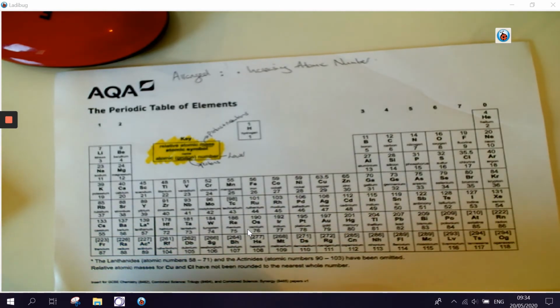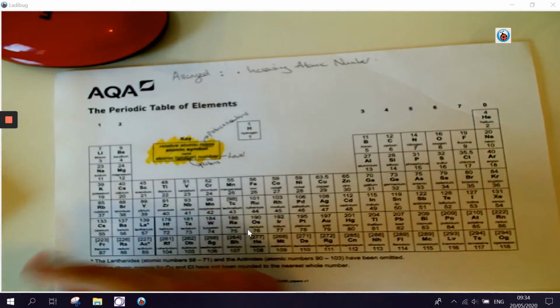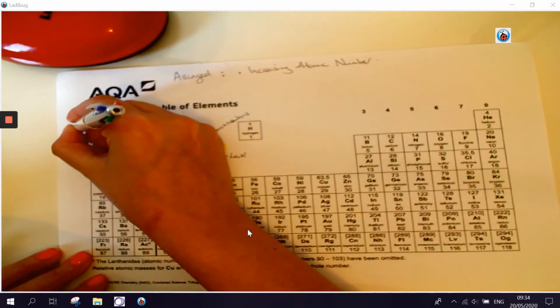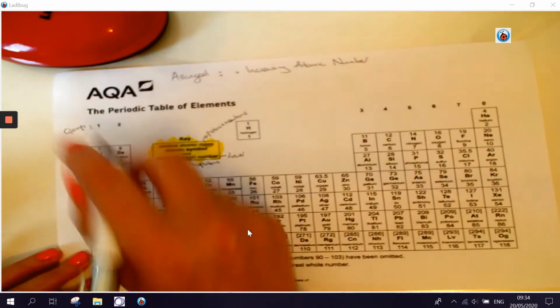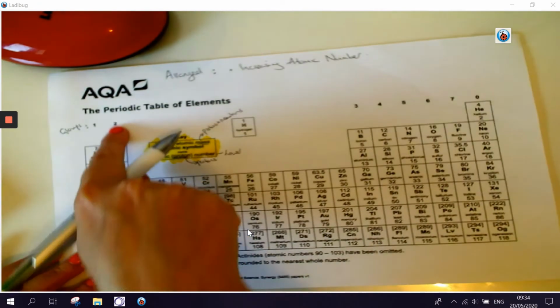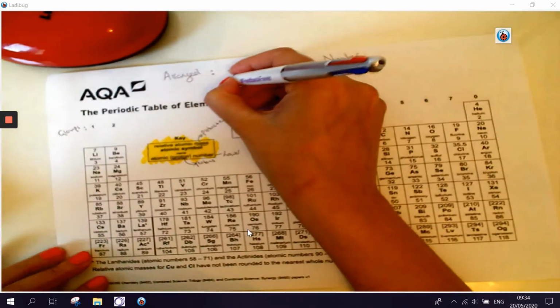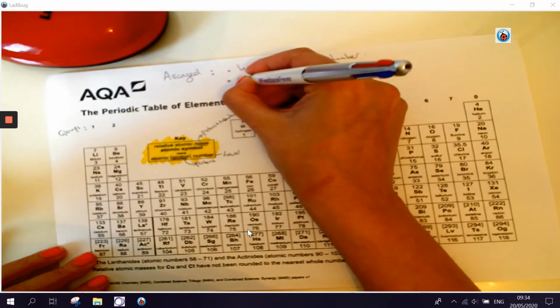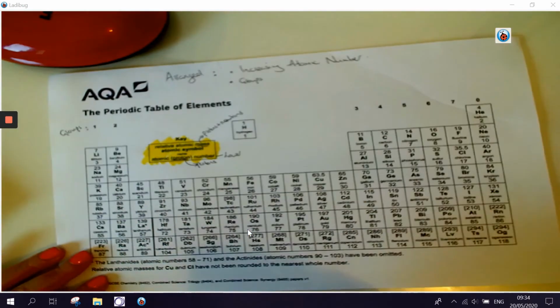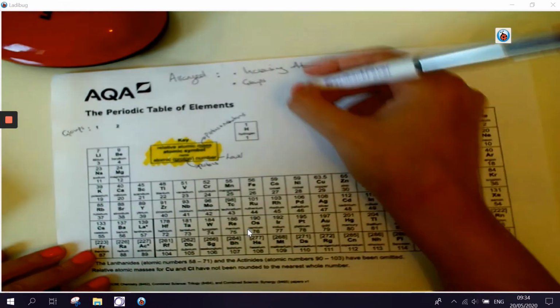The second way it is arranged is to do with the groups. The groups are the columns in the periodic table. And what the groups represent is the number of electrons in the outer shell of that element.